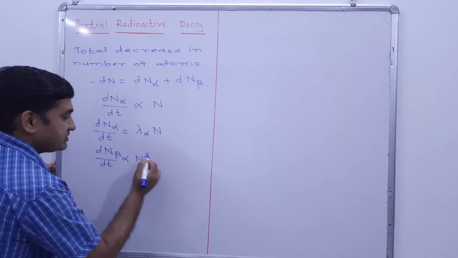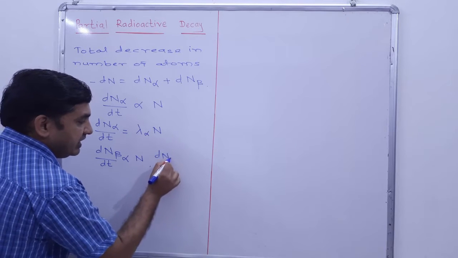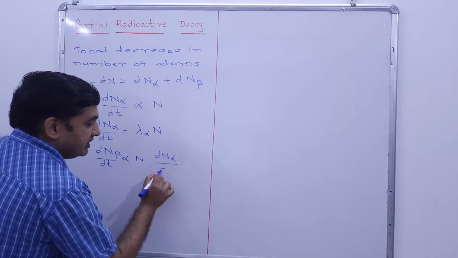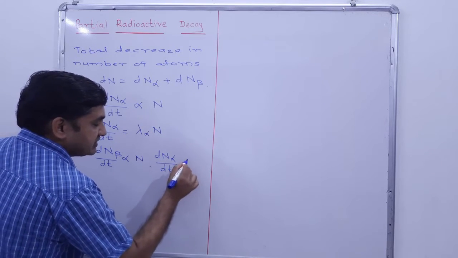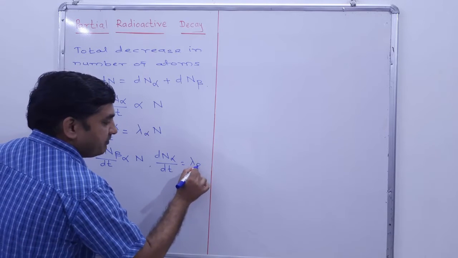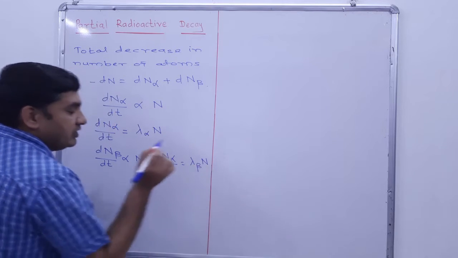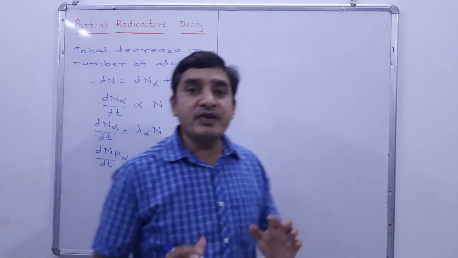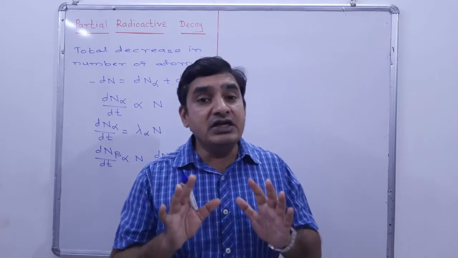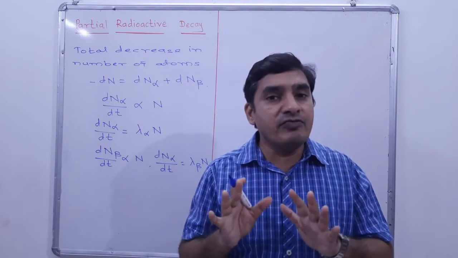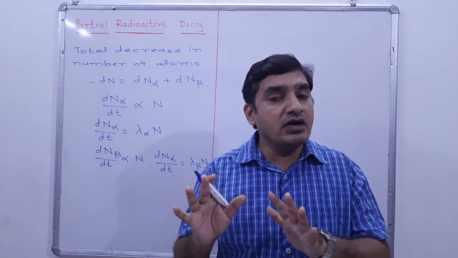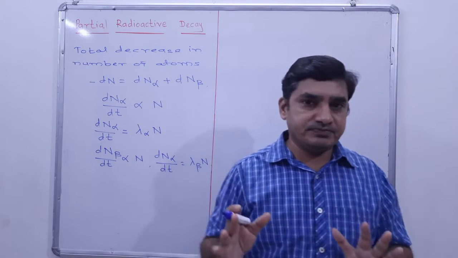So this can be written as dN beta divided by dt equal to lambda beta into N, where lambda beta represents the decay constant for beta decay.